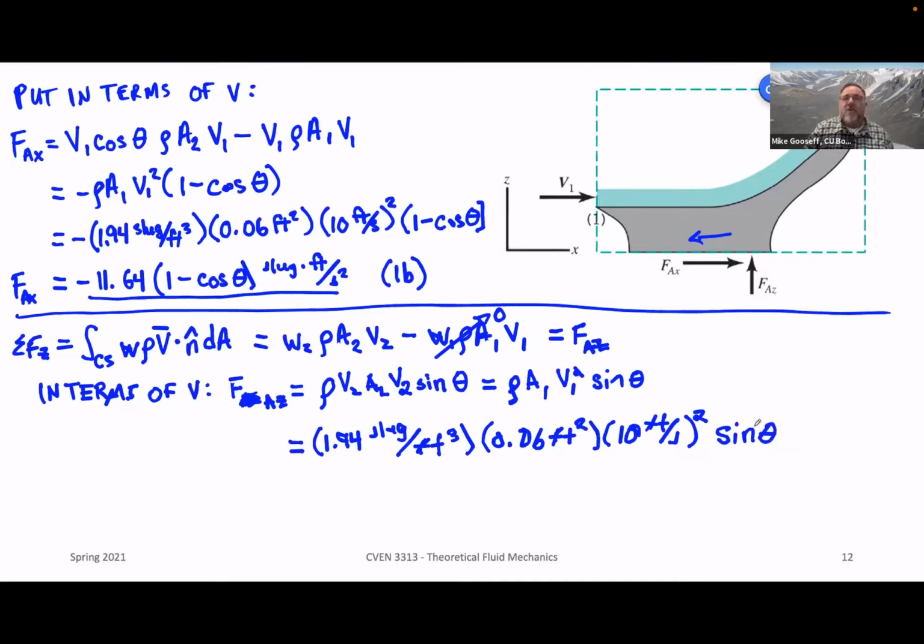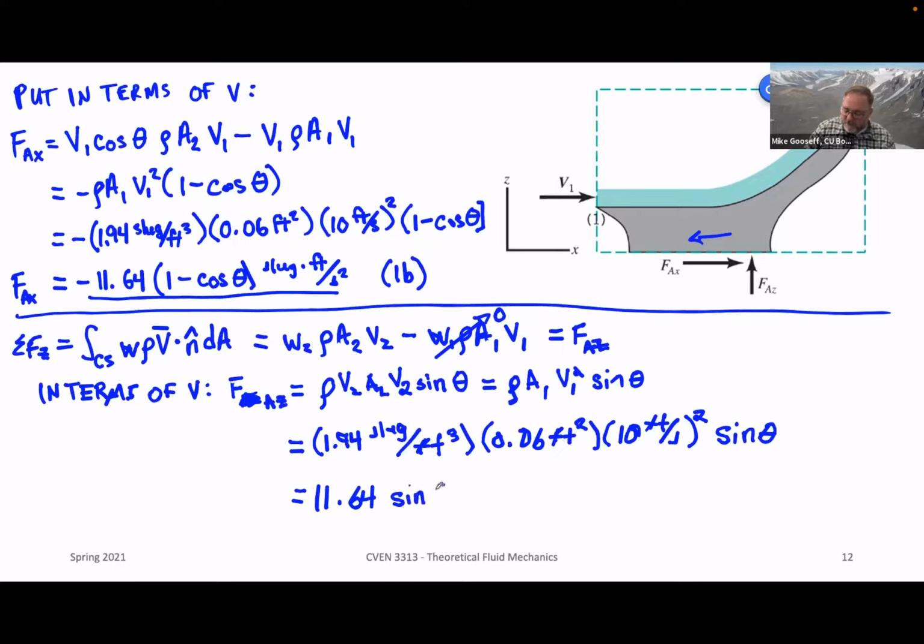So this now equals, when we multiply this out, 11.64 times the sine of theta.